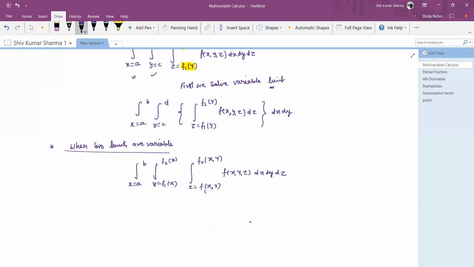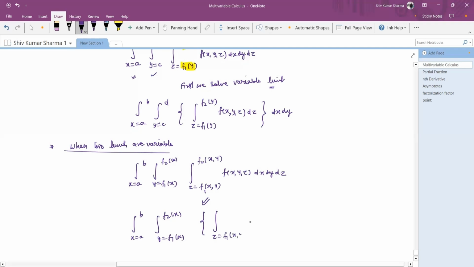First we solve with respect to z, because both variables x and y are in the limits. So we write y equal to f1(x) to f2(x). First we integrate with respect to z, from f1(x, y) to f2(x, y), f(x, y, z) dz, and here we have dx dy.